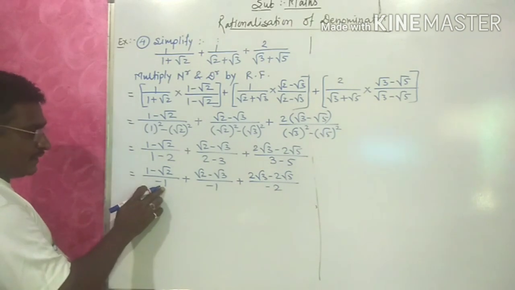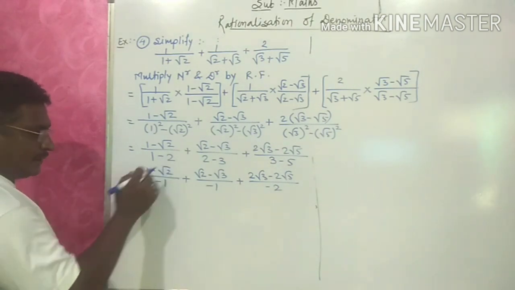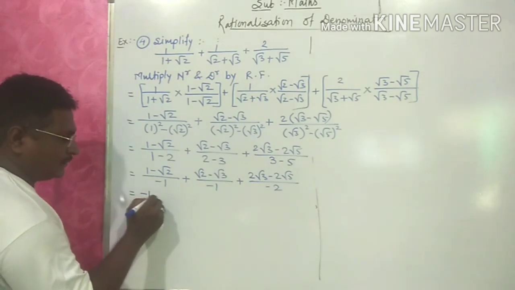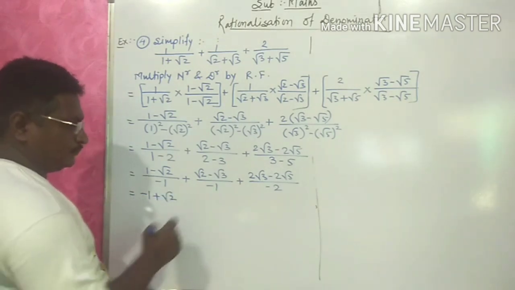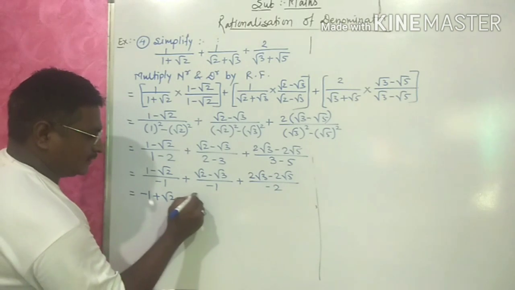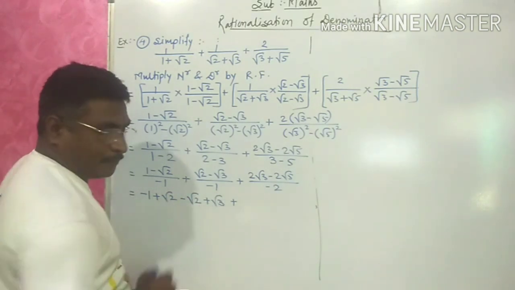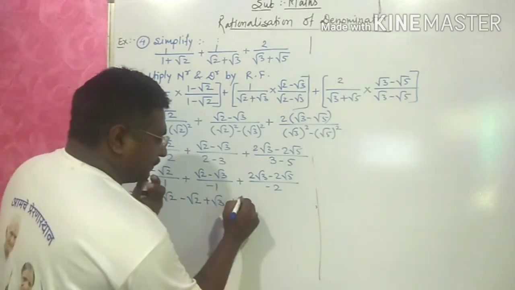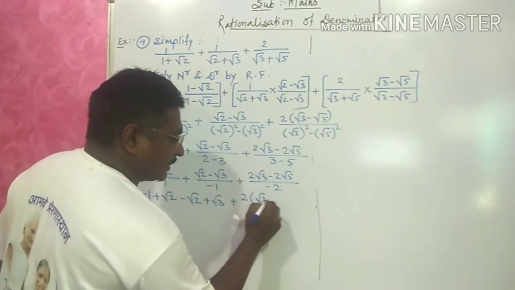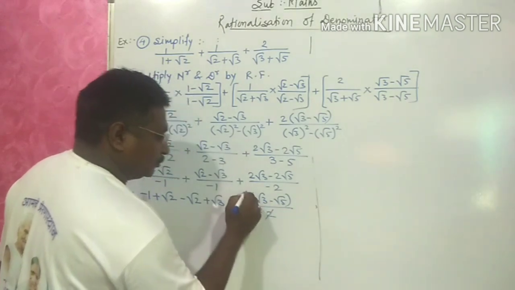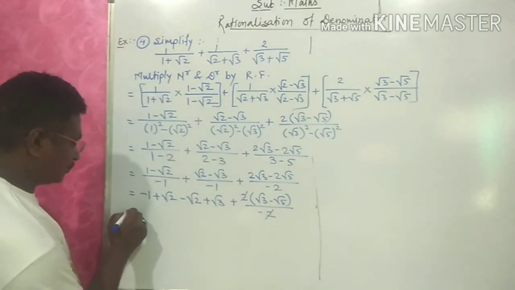Now this minus sign multiplies each and every term of the bracket in the numerator. So we will get minus 1 plus root 2. Here minus root 2 plus root 3. Now plus here, 2 we will take common, root 3 minus root 5 by minus 2. So 2 cancels.